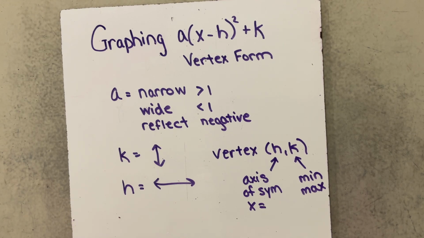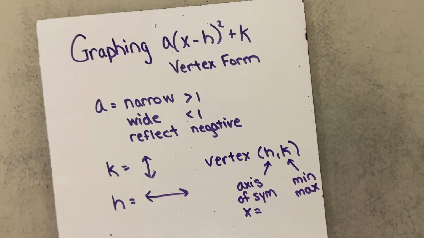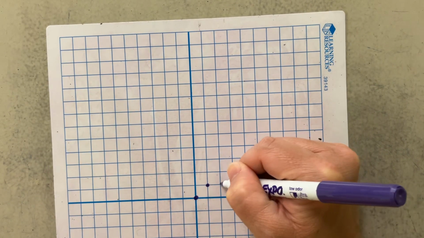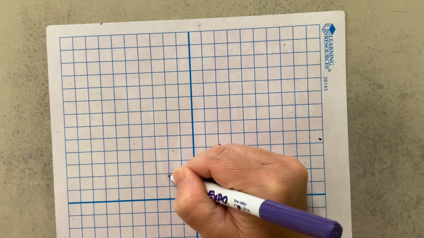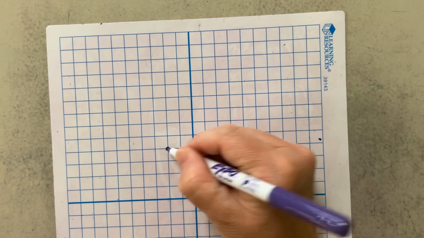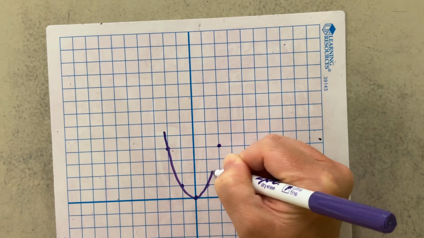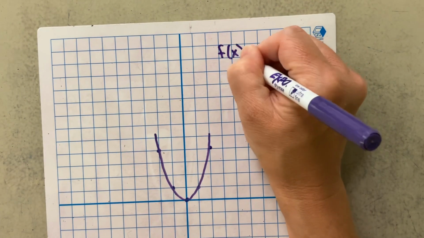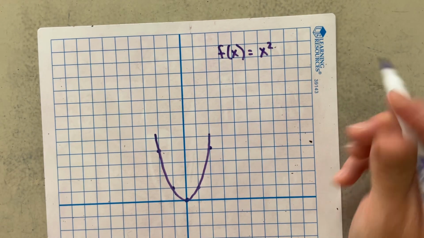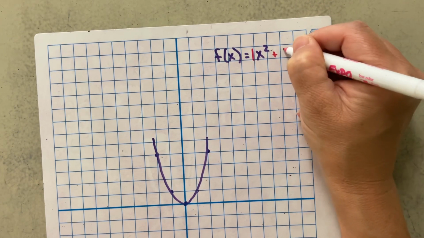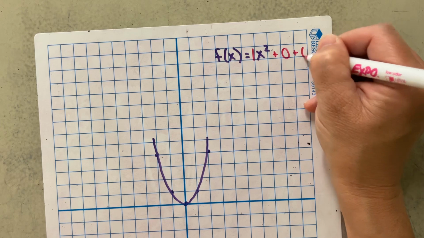All right, so let's take a look at what these would look like if we graph them. We're going to start with our x squared. So we know 1, 2, 3, 4, 1, 2, 3, 4. There we go. This is our normal x squared parabola. That means it has 1 for the a, the b value isn't there, and the c value isn't there.